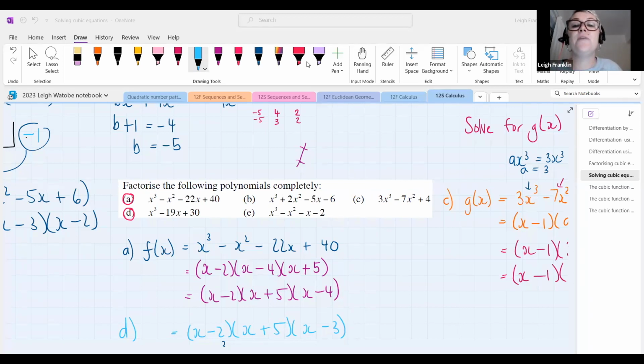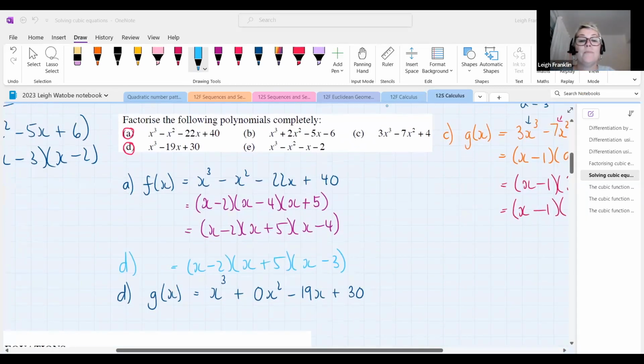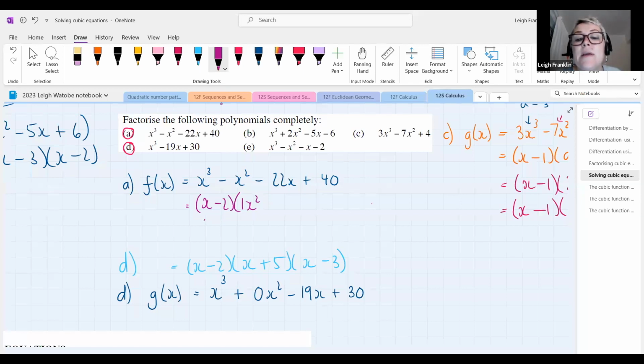All right, that's fine. Let's do A quickly. Because we're all agreeing that it's x minus 2, right? So here we would end up with 1x squared. And then negative 2 times c equals 40 means that c would be equal to negative 20. So that's negative 20 over there.